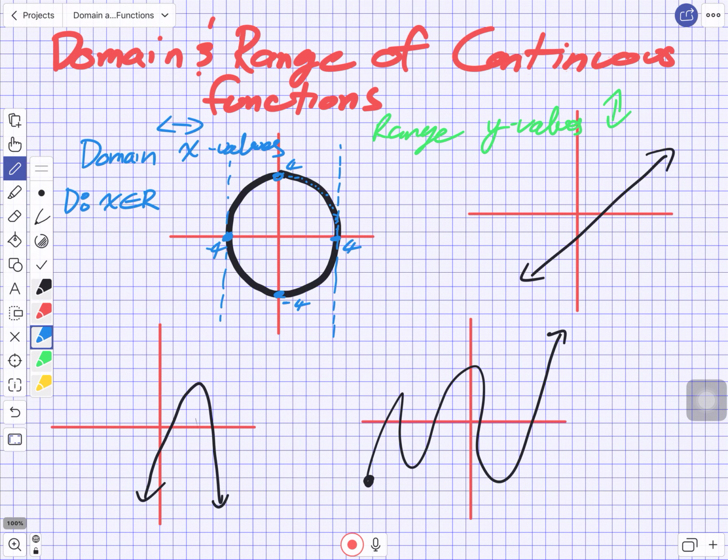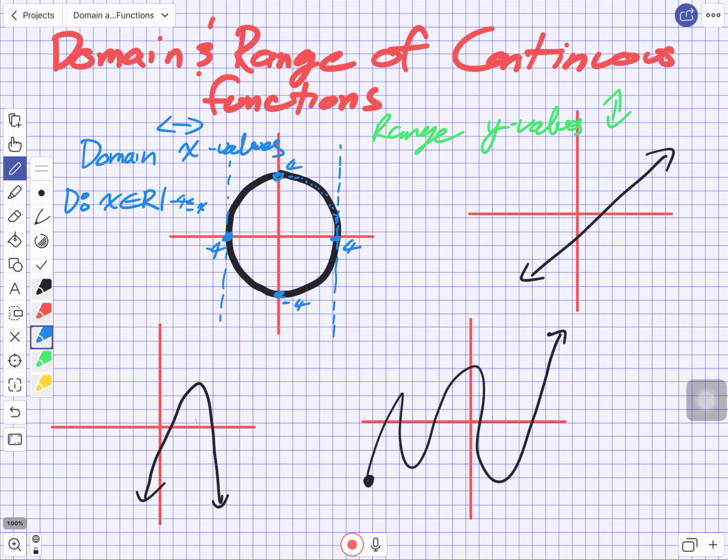In fact, these numbers are really important. We know -4 is as far to the left as it goes. The function only exists between these, right? It has every single possible point between -4 and 4.